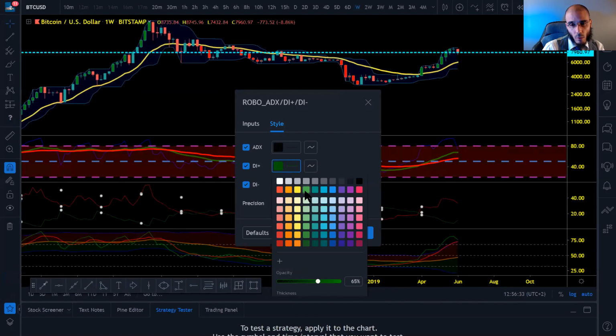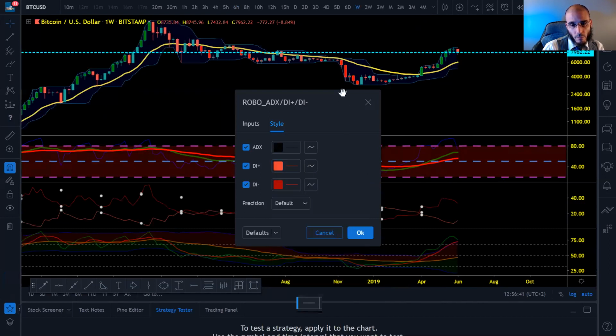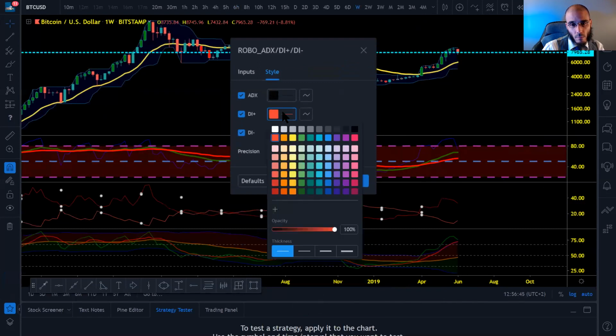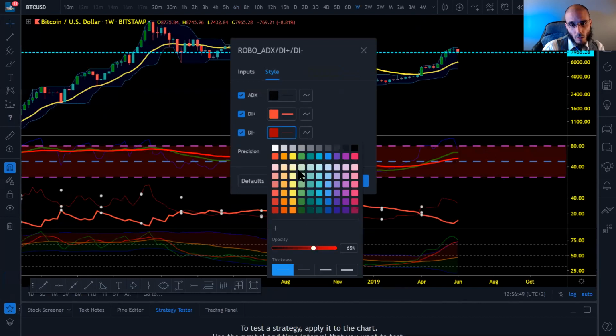So here I want that to be red. Oh, green. No, red. I want this one to be red. I want this one to be green.